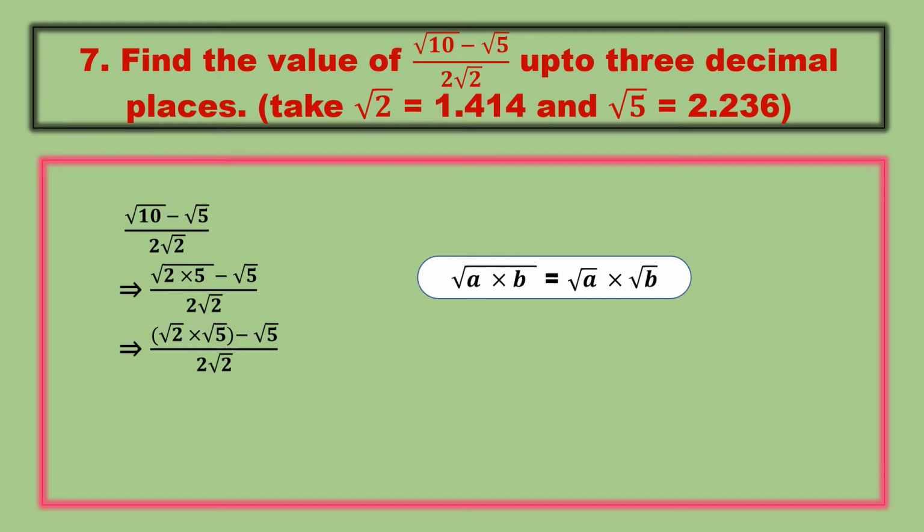Now this is the time to substitute because we have each and every root separate. So root 2 equals 1.414 and root 5 is 2.236. Substitute the values.